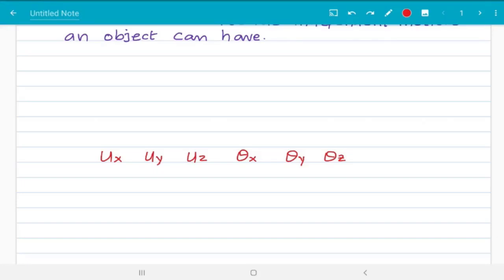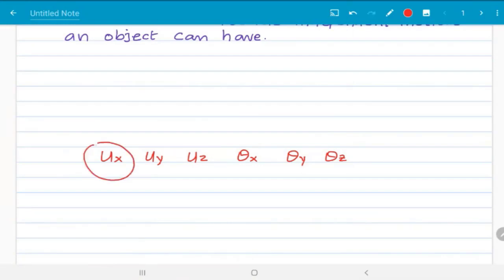What do you mean by theta? Rotation about z-axis. Very good. So this is along, this is about. That is a difference.